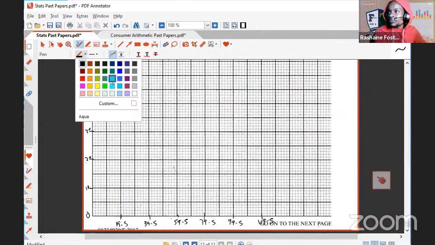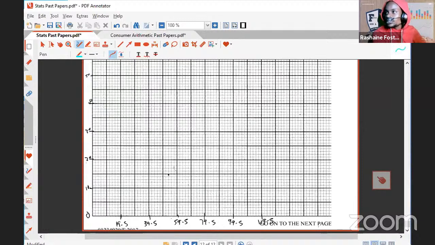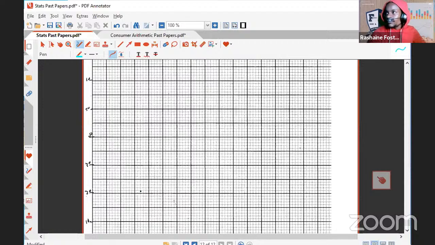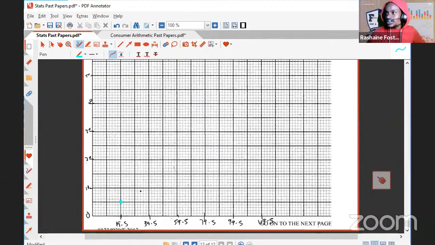Let's use a color that we can see. The first one, 19.5, is 5. You have to try your best to figure out where the numbers are, so 5 is going to be right here. Then the next one is 16, which is right here.